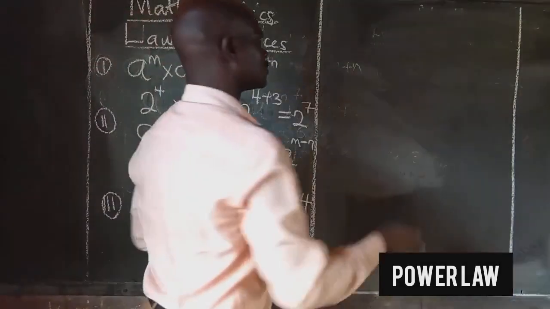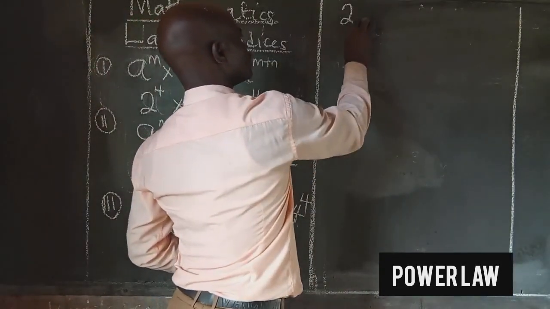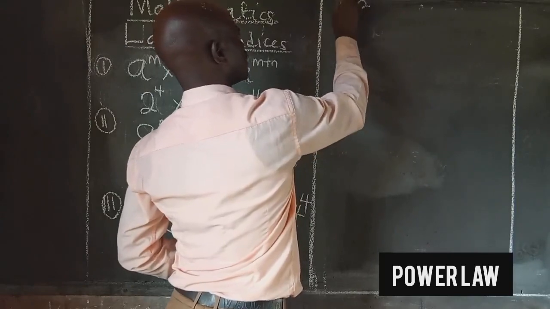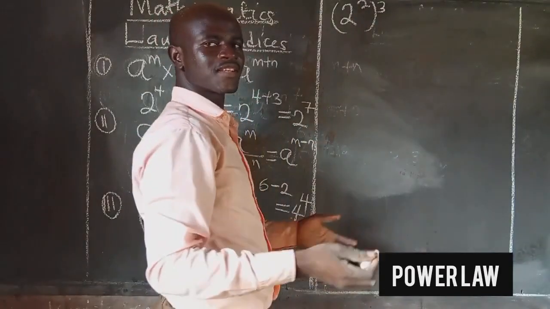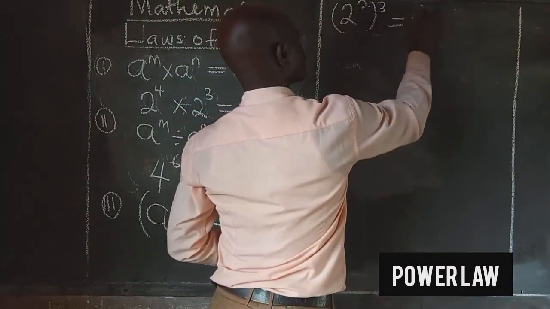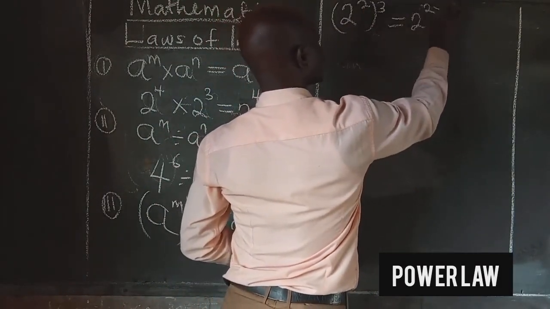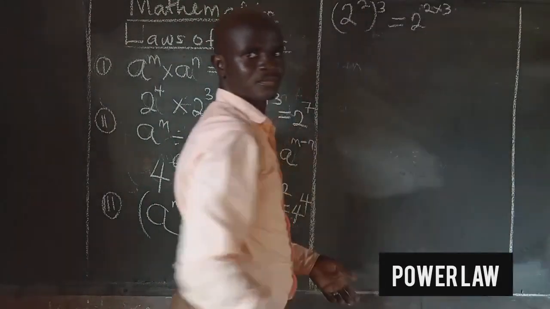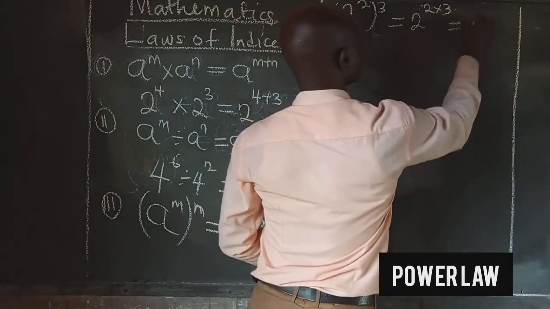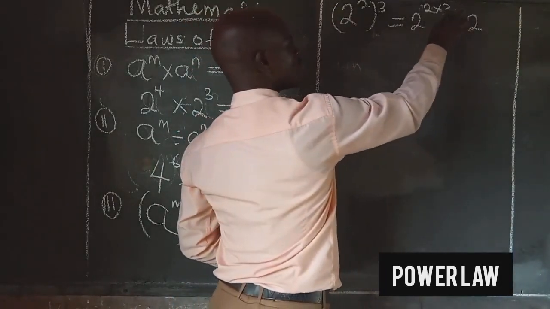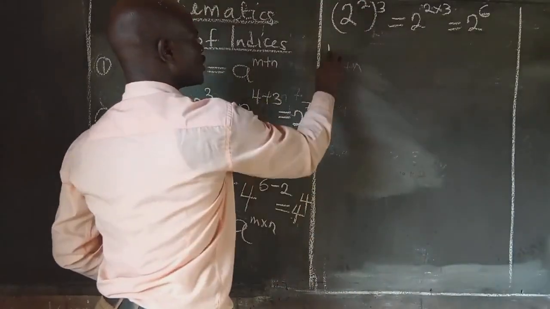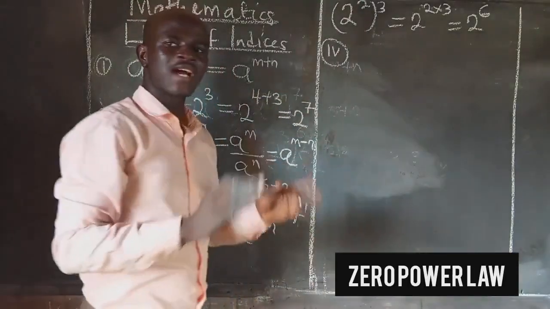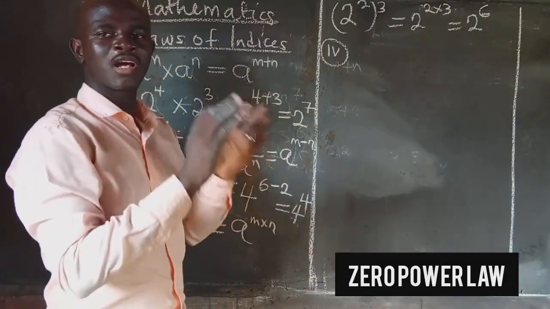For example, if we have 2 raised to power 2, in bracket to the power of 3, it is the same thing as 2 raised to power 2 multiplied by 3, which will give us 2 raised to power 6.